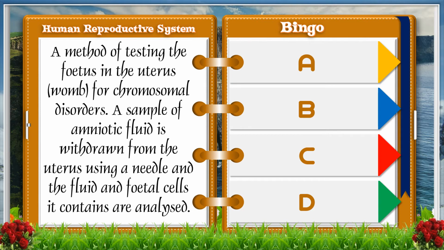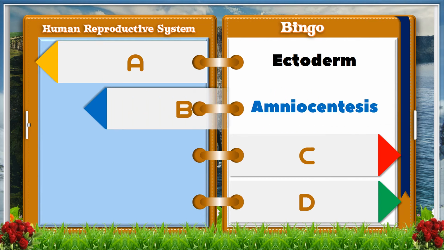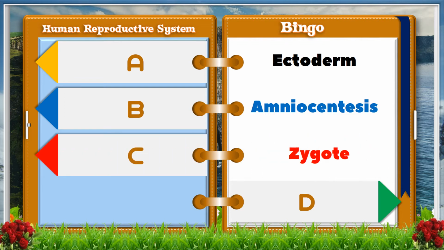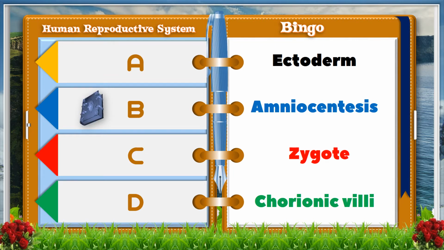A. Ectoderm. B. Amniocentesis. C. Zygote. D. Chorionic villi. And the answer is B. Amniocentesis.